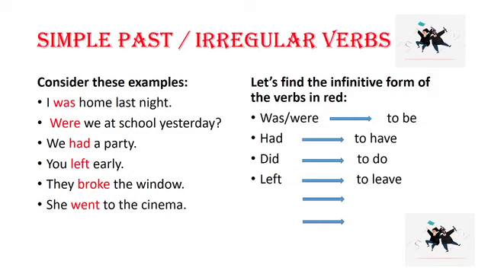Broke, can you guess the infinitive of broke? Yes, good. Broke, to break. Last one, she went to the cinema. Can you guess the infinitive of went? Good job again. Went, its infinitive is to go.